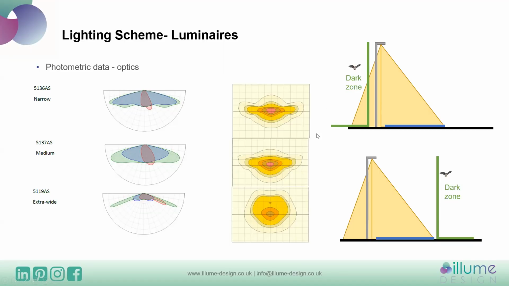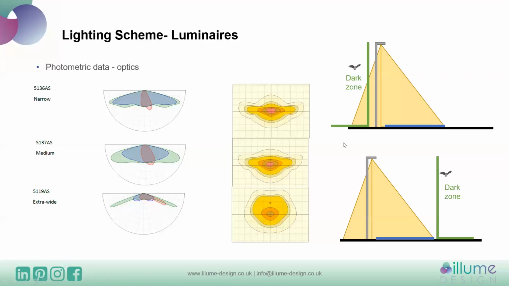With the new optics and the range of products available now, it's actually quite a good idea often to use, if this was the road we were trying to light in blue, if we put the column on the opposite side to the dark zone and use a suitable narrow optic, this line could be cutting off at 0.5 lux or 0.4 lux, and therefore the dark zone would be kept much darker than in the first scenario of putting the light source next to the dark zone.